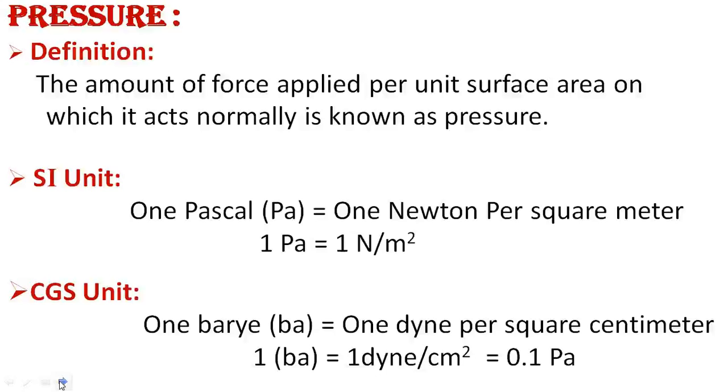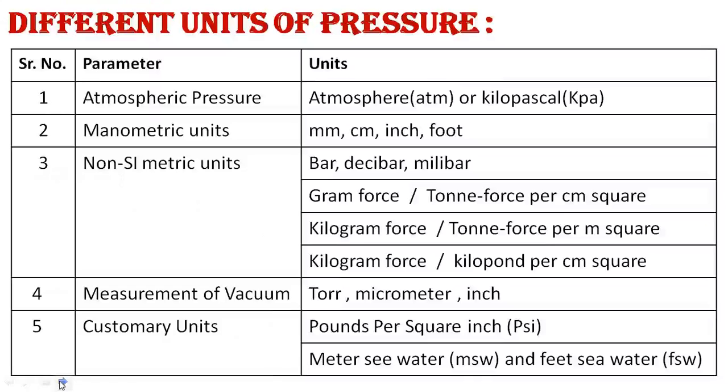CGS unit: 1 bar is equal to 1 dyne per square centimeter, which is equal to 0.1 Pascal or 0.1 Newton per meter square. So these are the two units of pressure, SI and CGS.